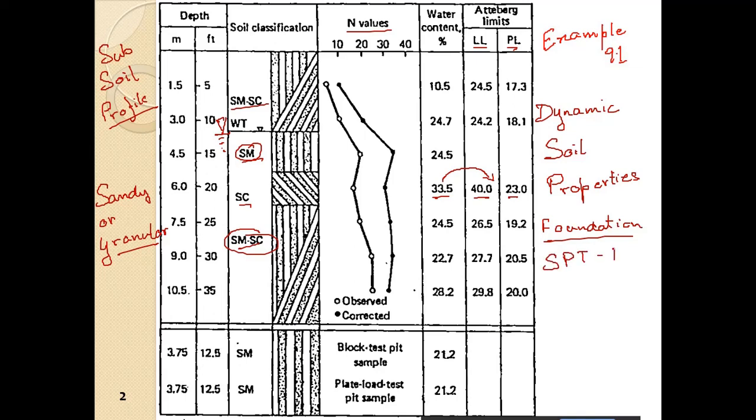There are various correlations; of course, we have to use N corrected. We can find the SBC or the allowable bearing pressure, considering the shear failure criteria and the settlement criteria. You can look into that.